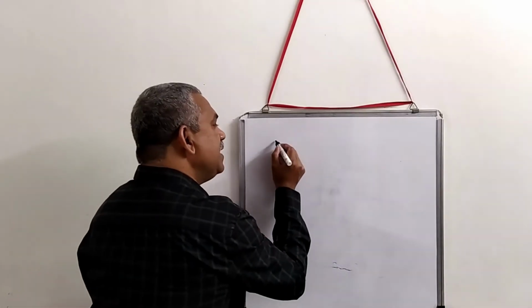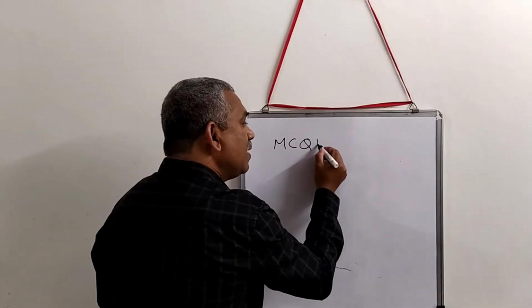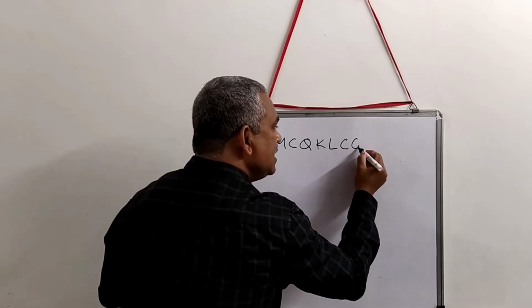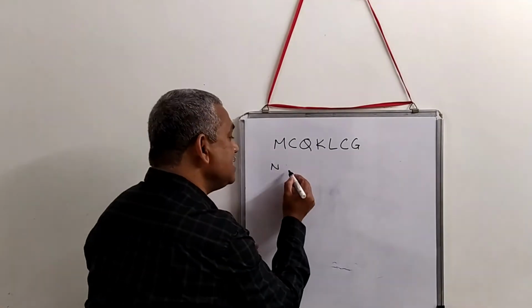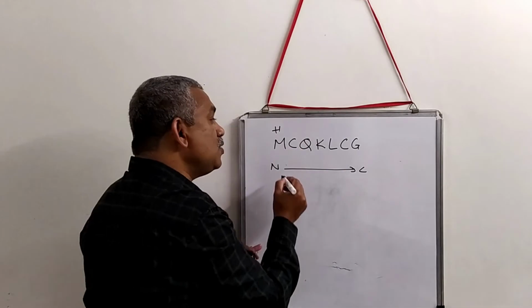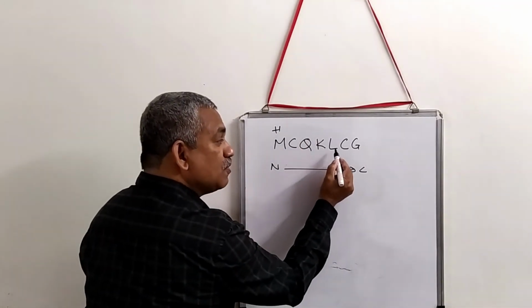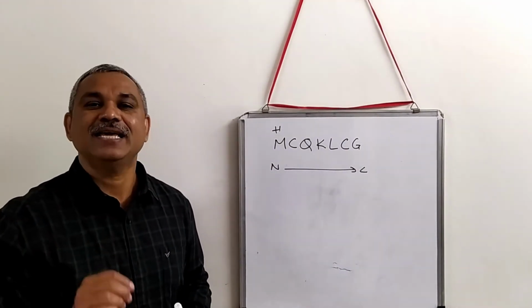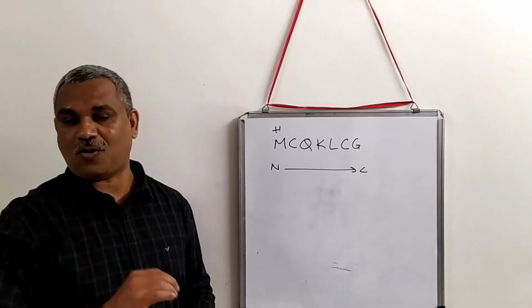So we can write M, C, Q, K, L, again C, G, etc. This is the N terminus and this is the C terminus. This is the first amino acid, and you keep numbering: second, third, fourth, fifth, sixth, seventh. This is how we represent the sequences of amino acids using the single letter code.